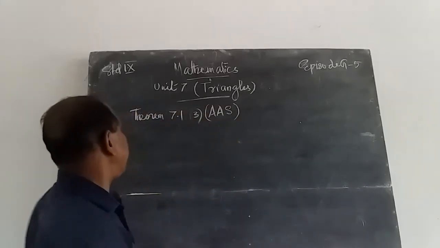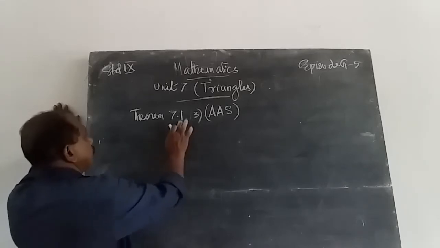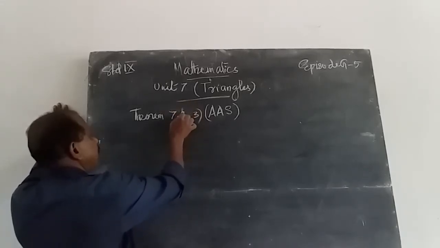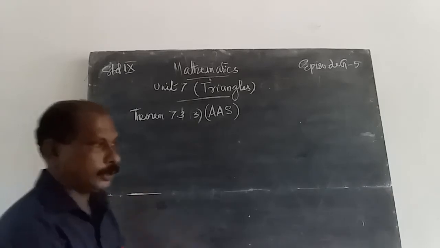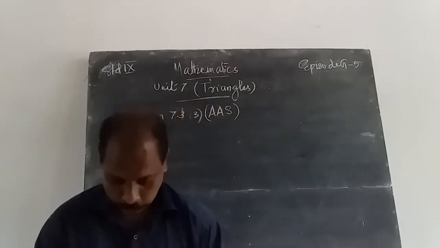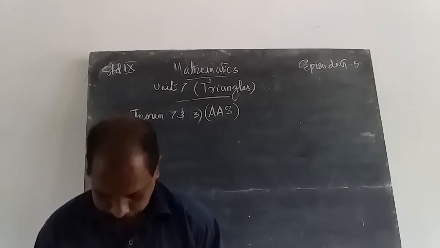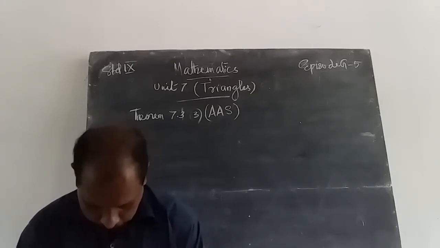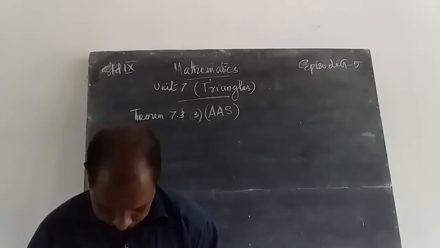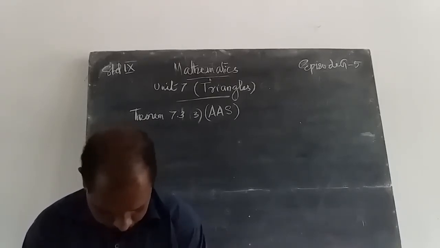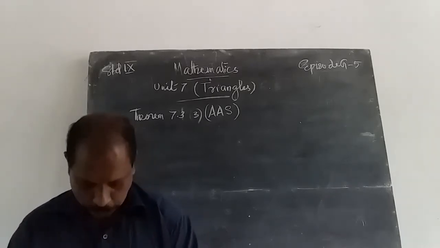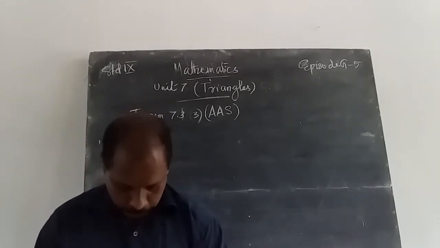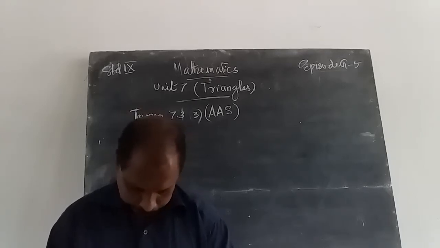Then there is another theorem, number 7.3. Not 7.2, 7.2 is another one, that is the isosceles triangle theorem. That is theorem number 7.2. 7.2 is another theorem, but we will discuss it later.